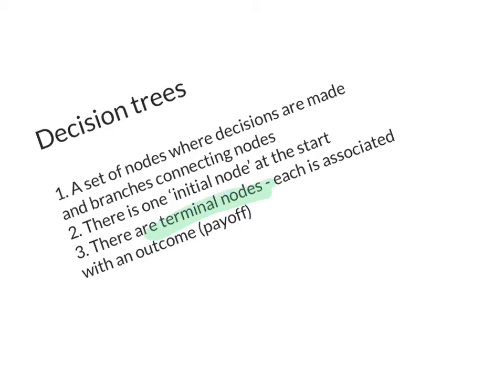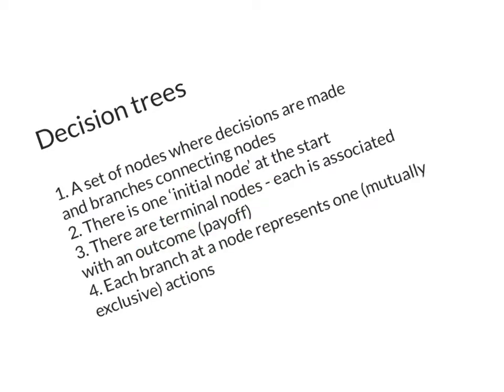Each of those terminal nodes is going to be associated with a specific outcome, which will often be in terms of a payoff to the person or the people involved in the decision. Each of the branches that will come off a node will represent one and only one mutually exclusive action. Note that if one of the potential actions is do nothing, that has to be represented by a branch.